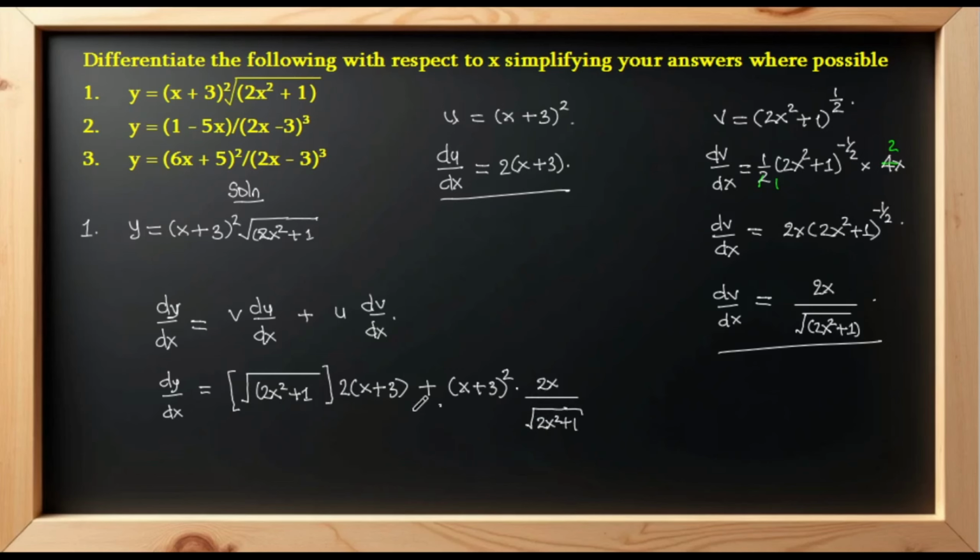Now here we can rewrite such that this number comes before this bracket, and then also this number comes out. Now let's scroll to the next page.